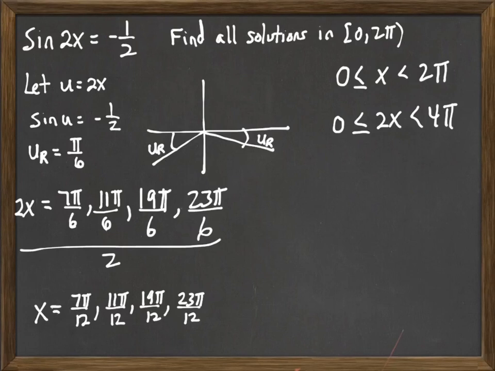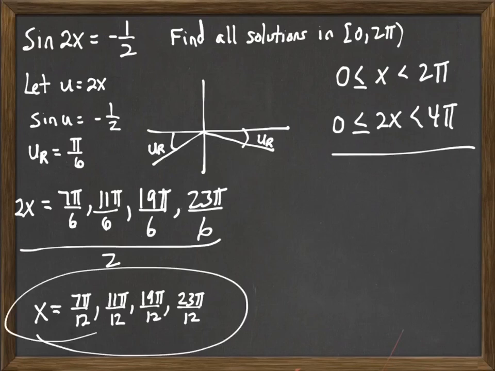And every one of those answers now for x is between 0 and 2 pi. And we know that because we made sure that every one of our previous answers fell in that proper interval of 0 to 4 pi. And so now we have our solution here: 7 pi over 12, 11 pi over 12, 19 pi over 12, and 23 pi over 12.